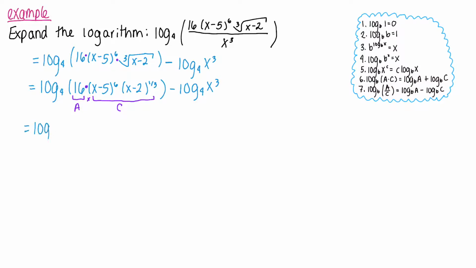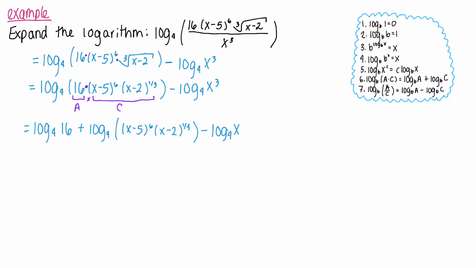So we have log base 4 of 16 plus log base 4 of x minus 5 to the 6th and x minus 2 to the 1/3. Minus log base 4 of x cubed, which is sitting right out here.